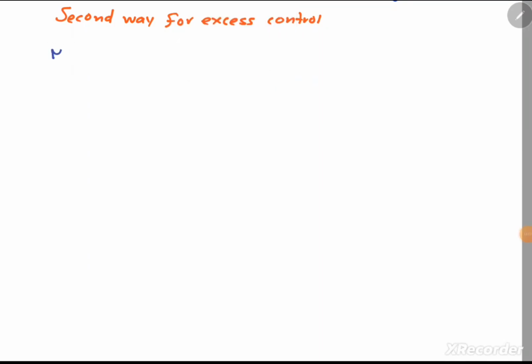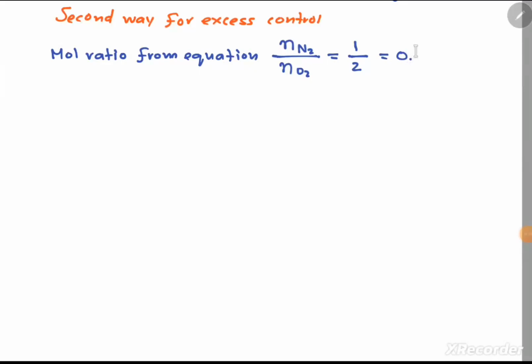We find the mole ratio from the equation. The number of mole of nitrogen to the number of mole of oxygen is equal to 1 divided by 2, and we find 0.5.